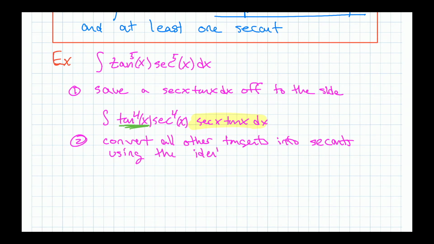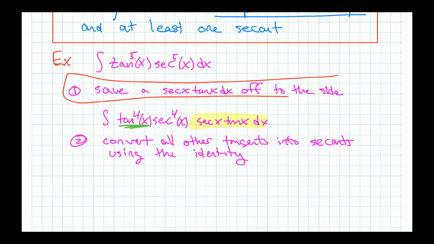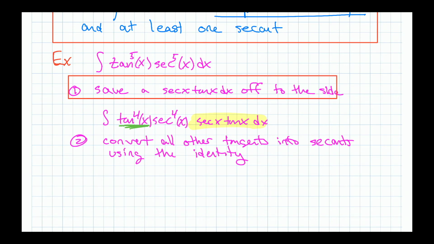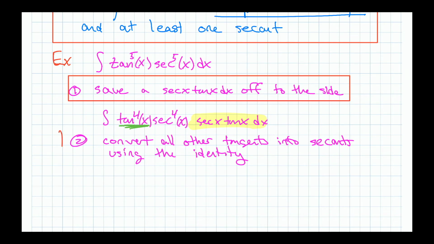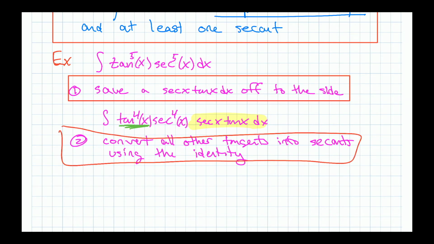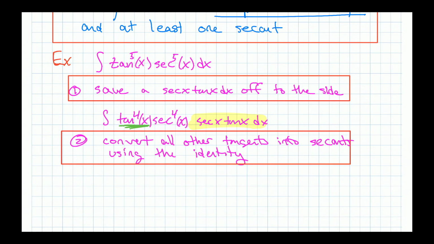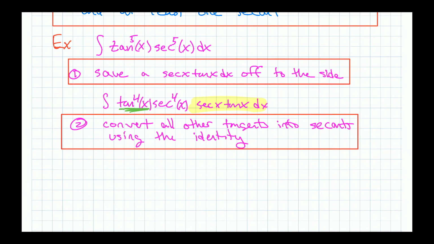What identity? The same one that we've been using, the identity box. All right, so save a secant, convert the other tangents into secants.